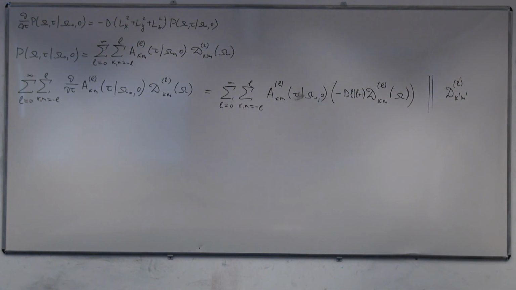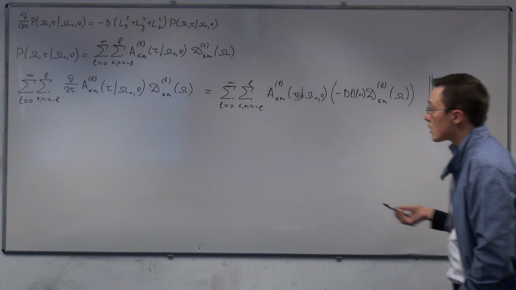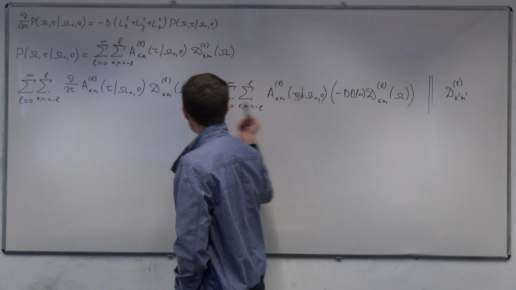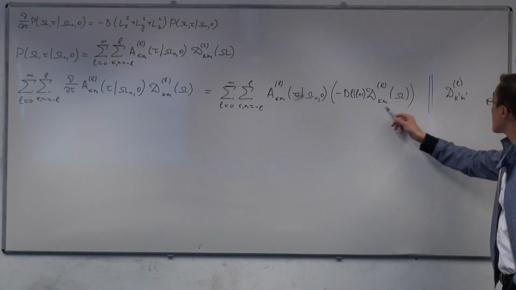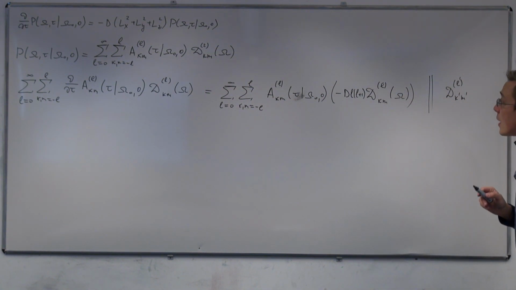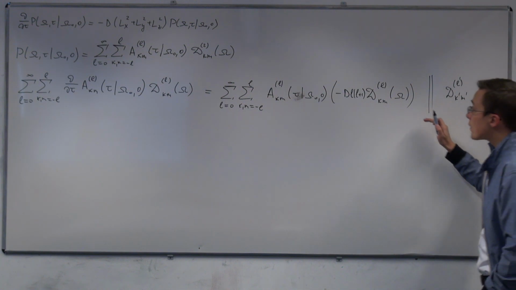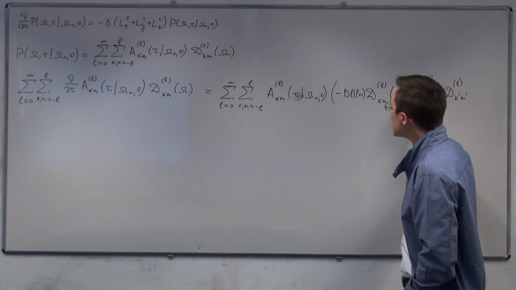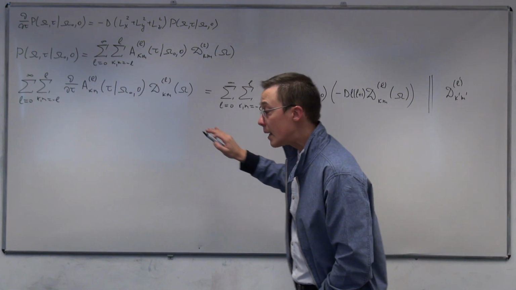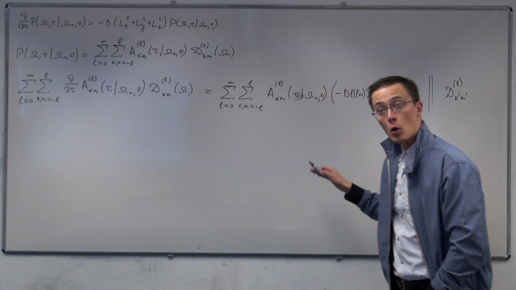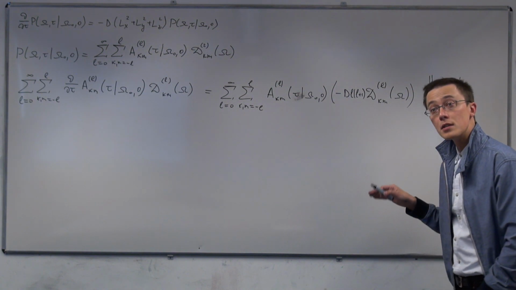And then the orthogonality would mean that all terms would vanish except for the terms where L is equal to L prime, k to k prime, m to m prime. In other words, what that means is that if this equation holds for a family of orthogonal functions, it does hold for the coefficients of those functions individually.